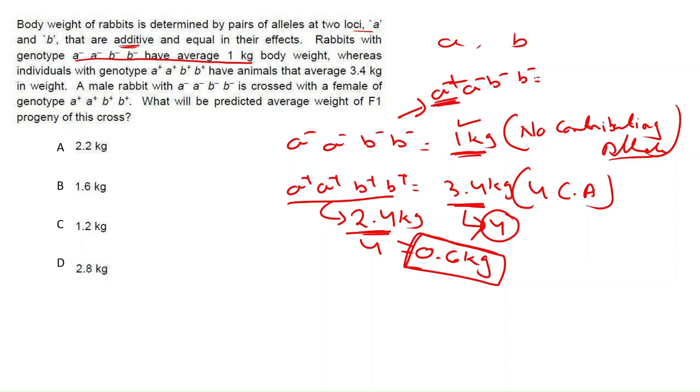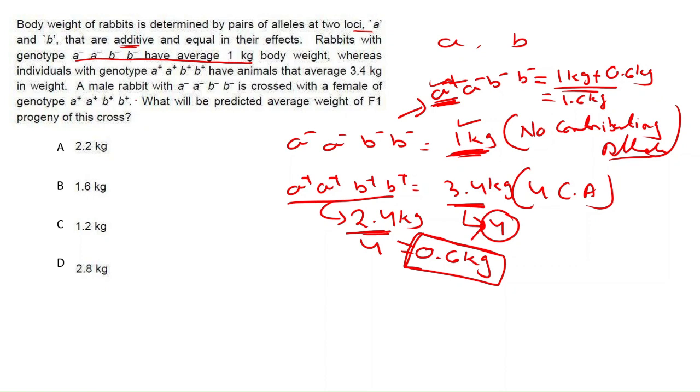So the weight of the rabbit will be 1 kg, the base or minimum weight, plus 0.6 kg, which was given by the contributing allele. So it will be 1.6 kg.